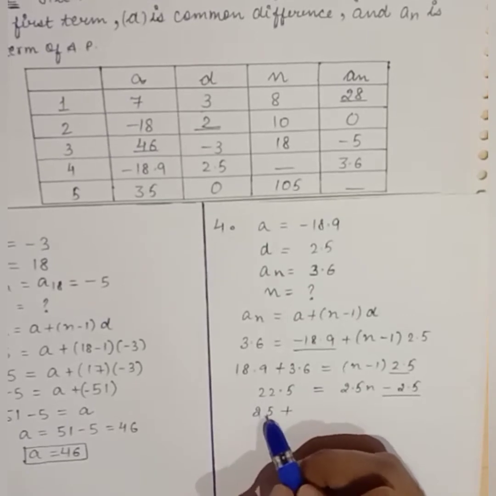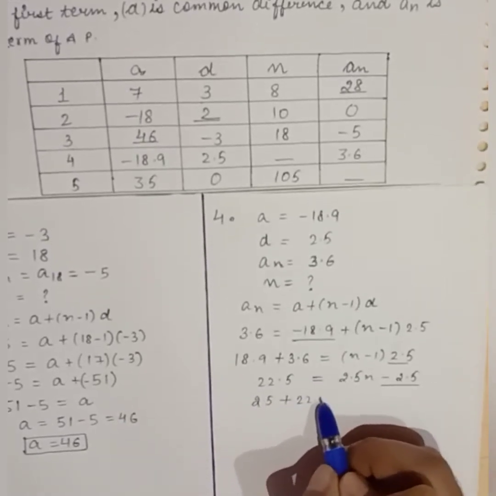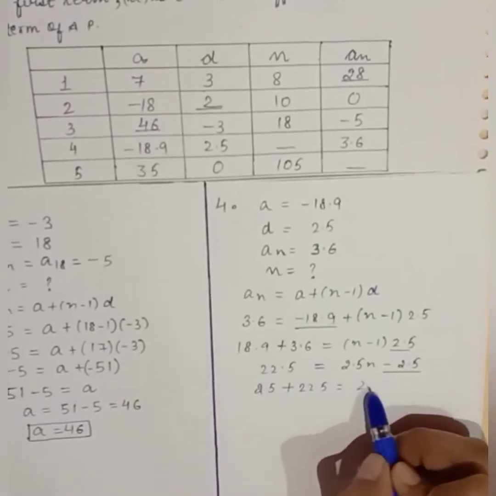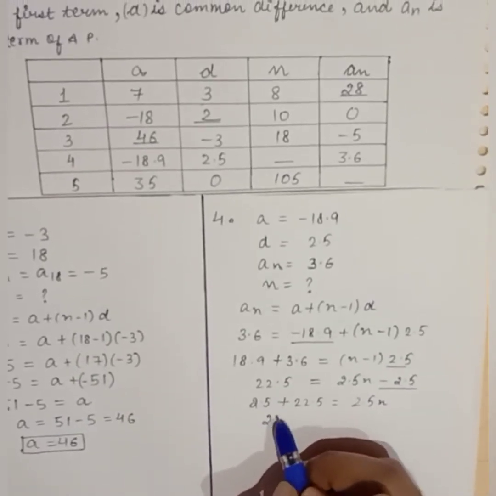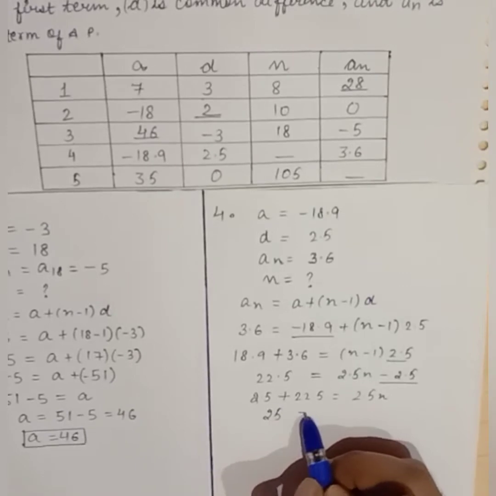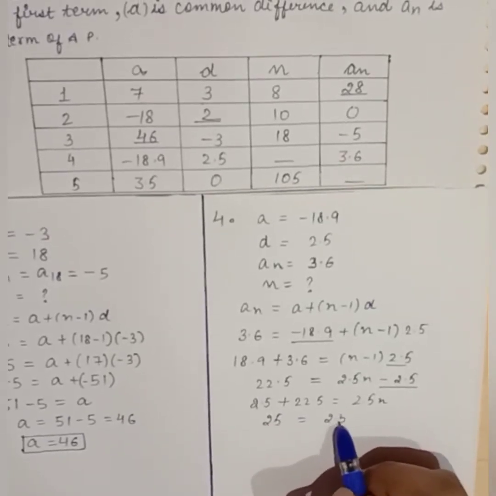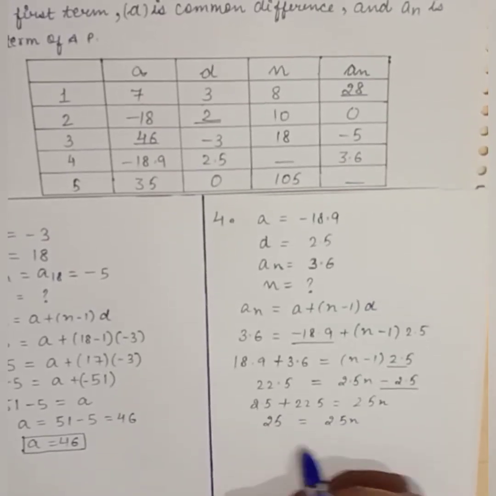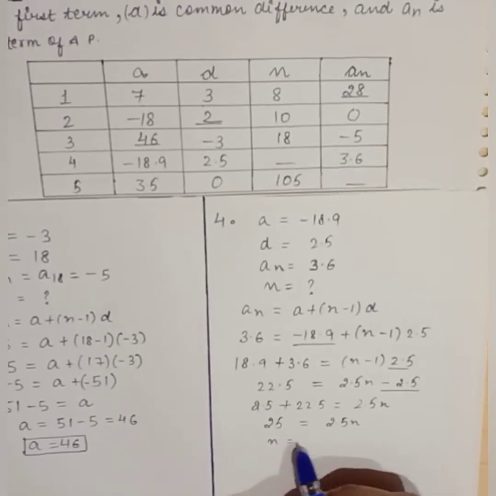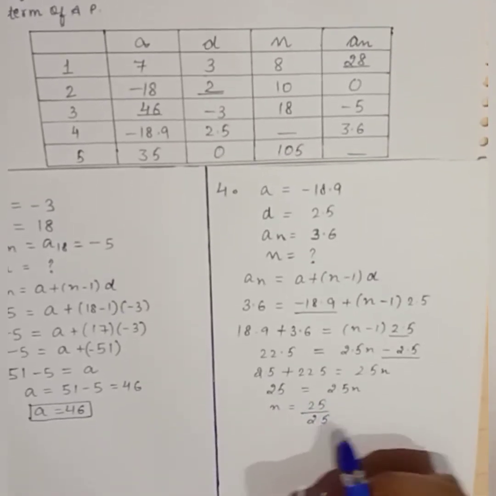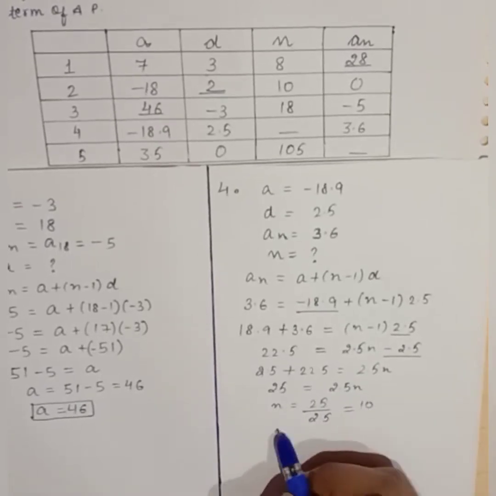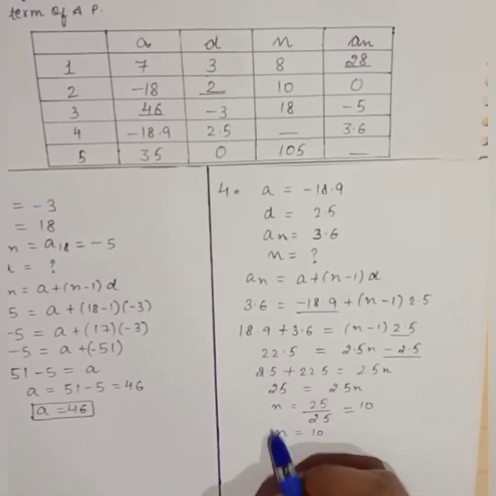So we write 2.5 plus 22.5 is equal to 2.5n. Here it becomes 25 is equal to 2.5n. Now n is equal to 25 divided by 2.5. We get n is equal to 10.